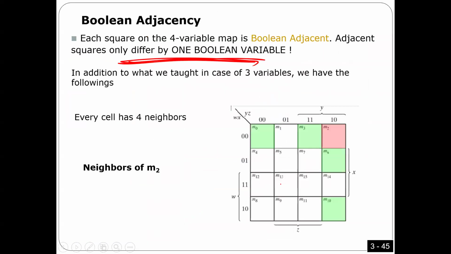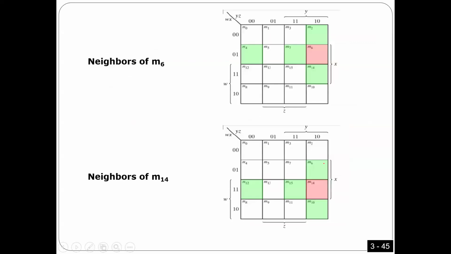Okay. So anyway, again, every cell has 4 neighbors. So let's look, for example, at this cell, who are the neighbors of M2? Always, the neighbors are vertical and horizontal neighbors, as you see here. Okay. Let's start with another case. For example, if you look at M7 here, M7 has 4 neighbors, vertical and horizontal.